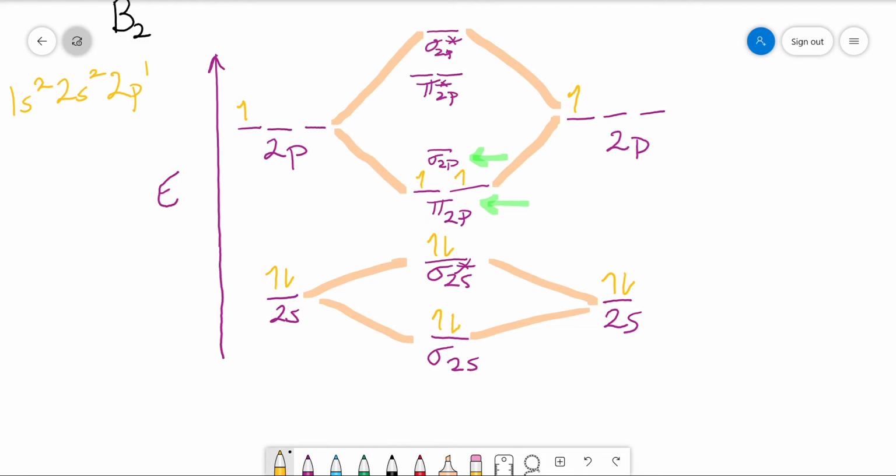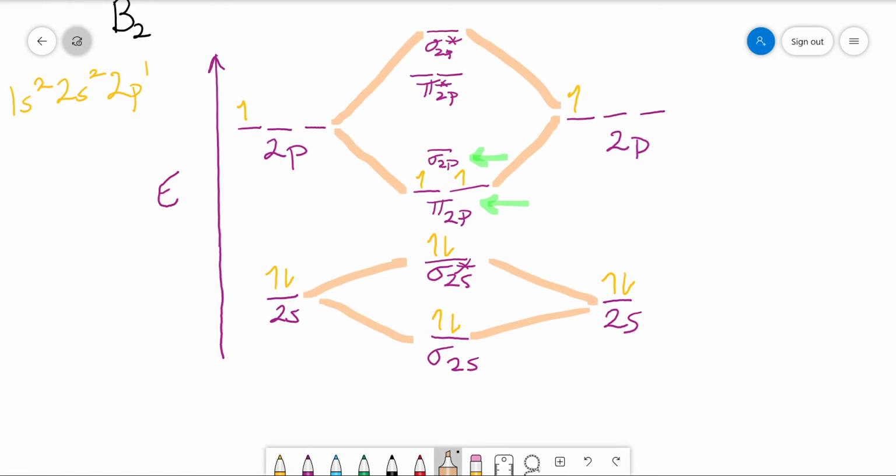Now, why did those 2 electrons go on the pi 2p orbitals unpaired? Because that's how we add electrons to orbitals. They go unpaired when they can. And because those pi 2p orbitals are degenerate, if you remember what degenerate means, they're the same energy level, they go unpaired when they can.